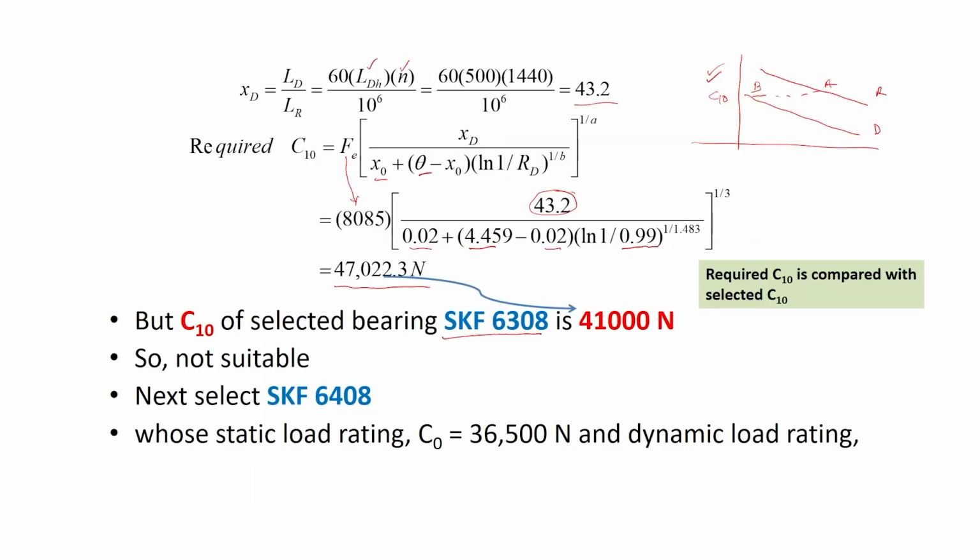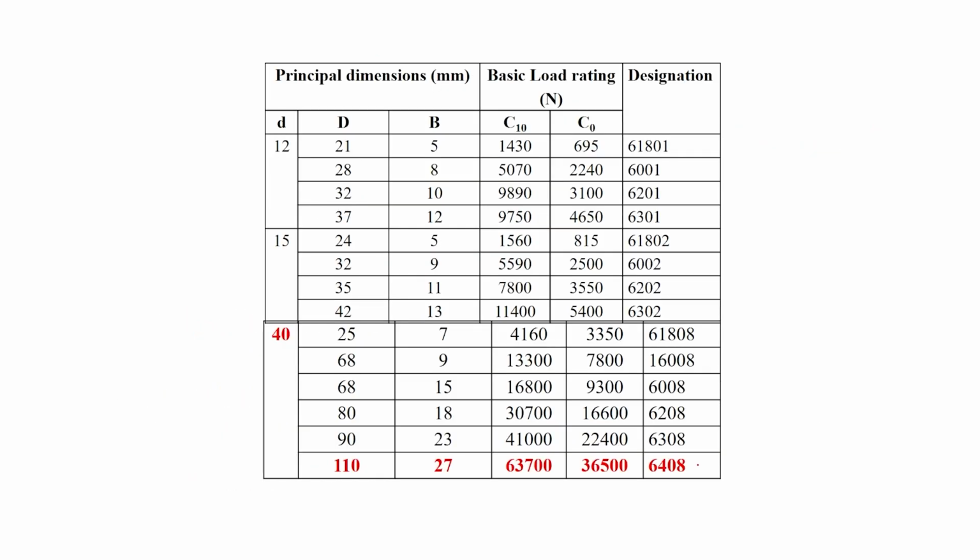The next bearing selected will be 6408, whose static load rating C0 is this one, and the dynamic load rating is 63,700 Newton. Now, it has the static load rating C0 as this one.